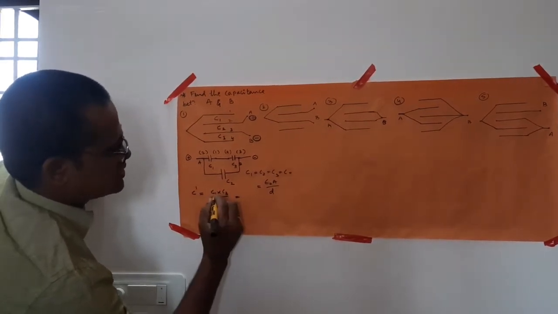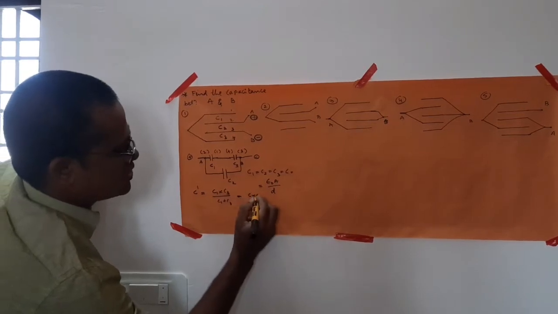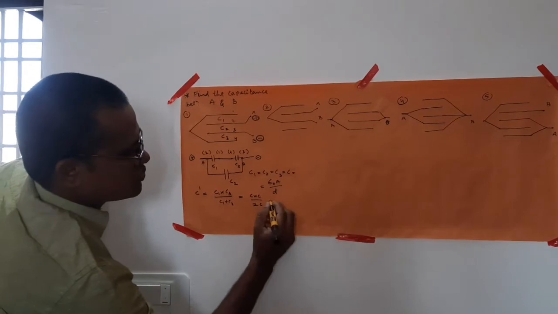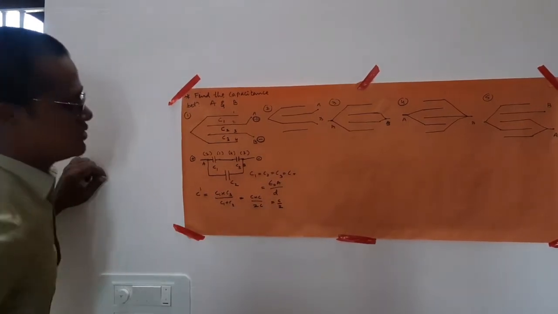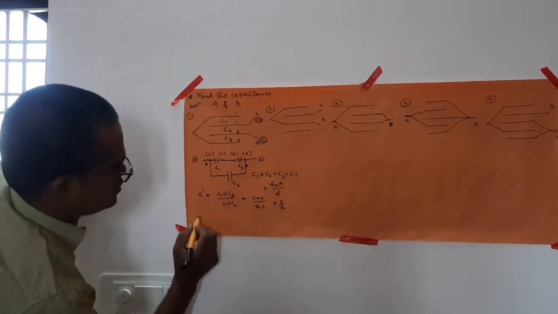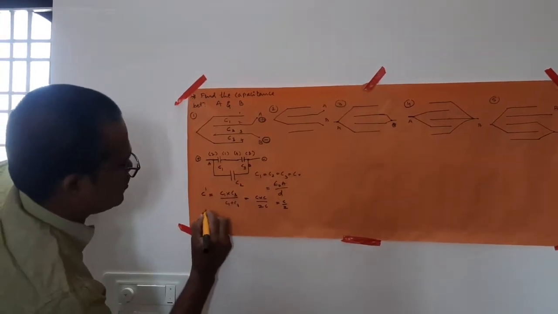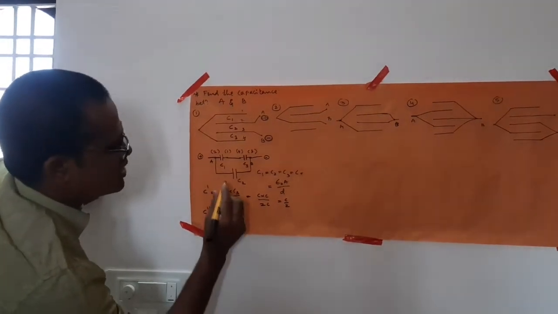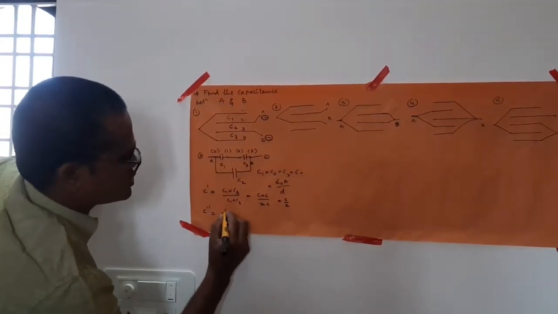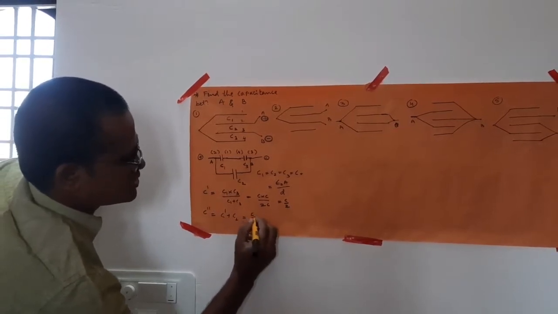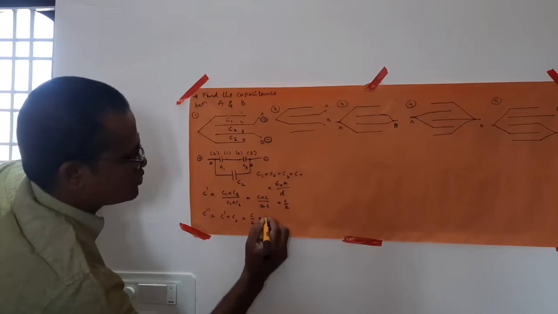C into C divided by C plus C, it is C squared by 2C, finally it will be C by 2. Now this C dash is in parallel with C2.